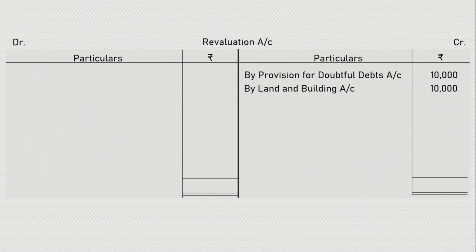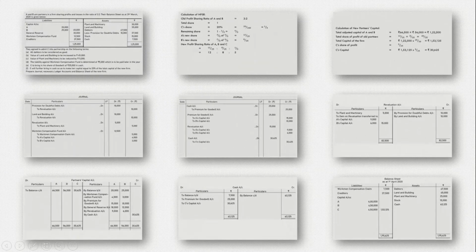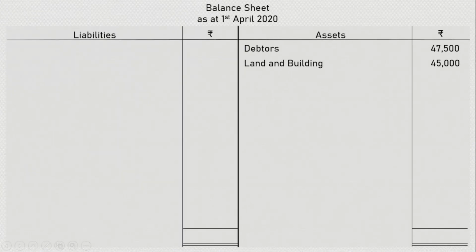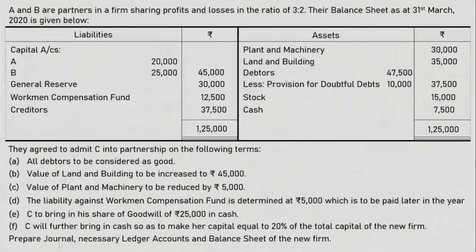So on debit side, we will write to plant and machinery rupees 5,000. Done? Not done. Balance sheet is left. Plant and machinery 25,000. That is 30,000 minus 5,000. Okay, now it's done. Let's go to the next adjustment.